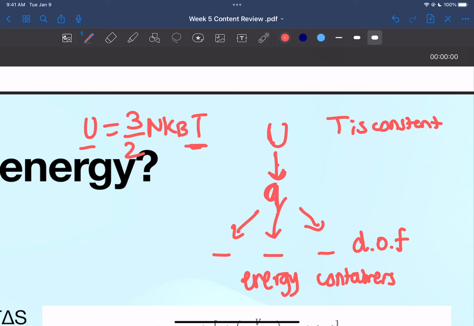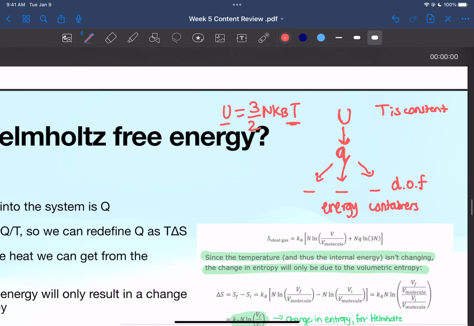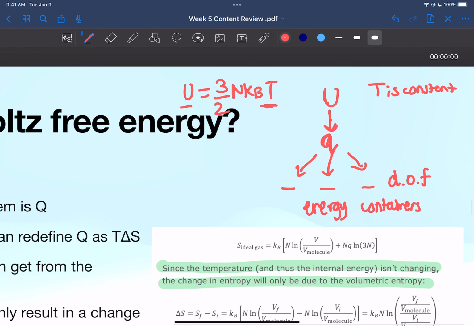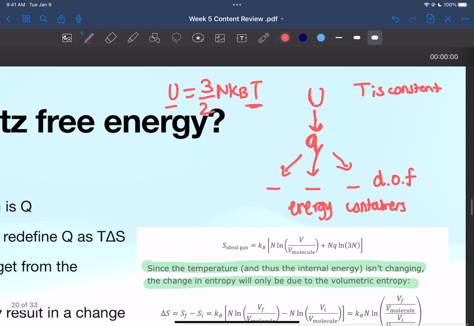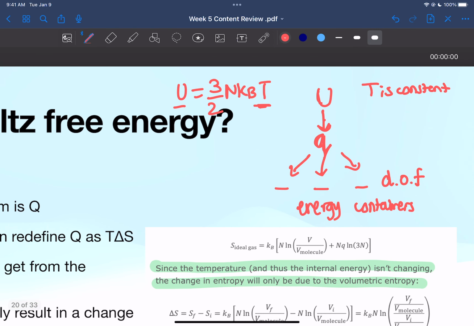Well, if you haven't changed the number of energy blocks, and considering that with higher temperatures there's more movement of the particles, more ways to distribute the energy, more energy containers, more degrees of freedom, then if the temperature is constant, we're not unlocking new degrees of freedom.